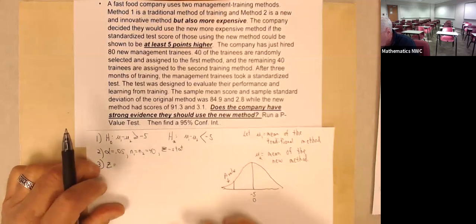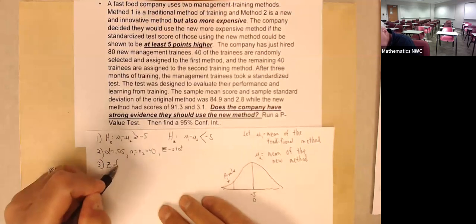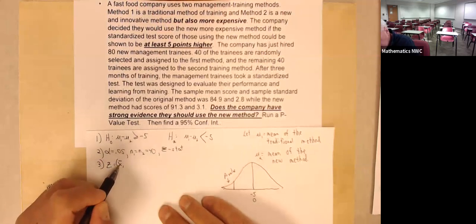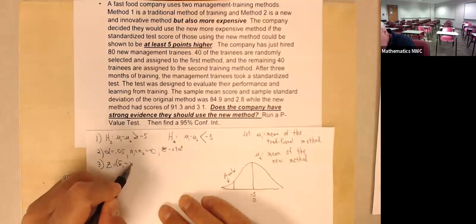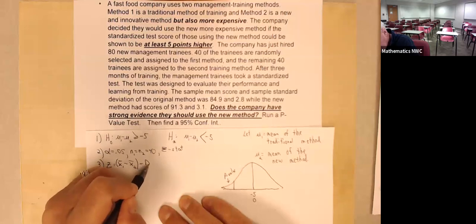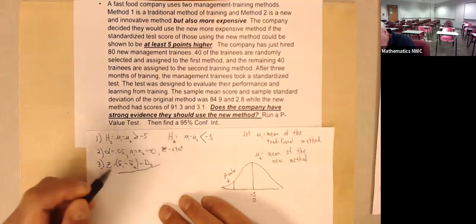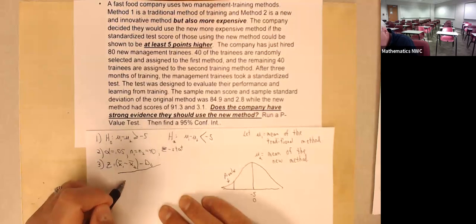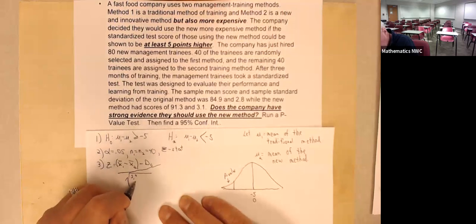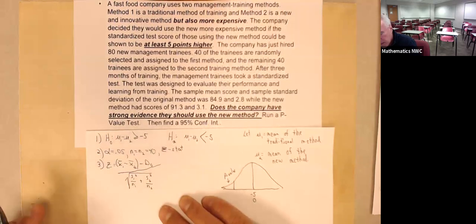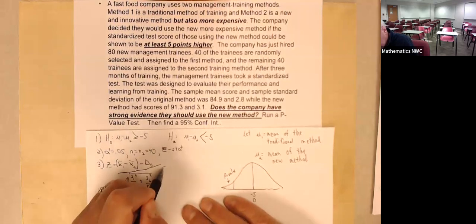This again is that little more complicated formula. It is x1 bar, that's the mean from the first sample, minus the mean from the second sample, minus our hypothesized difference. This time that's a -5, all divided by the square root of my first standard deviation squared over the sample size plus the second standard deviation squared over that sample size. Pretty complicated looking formula.